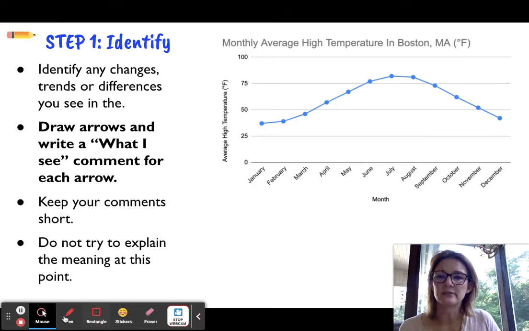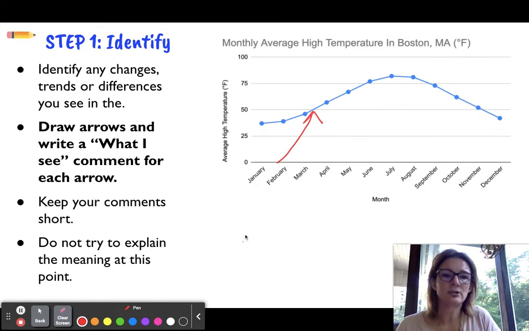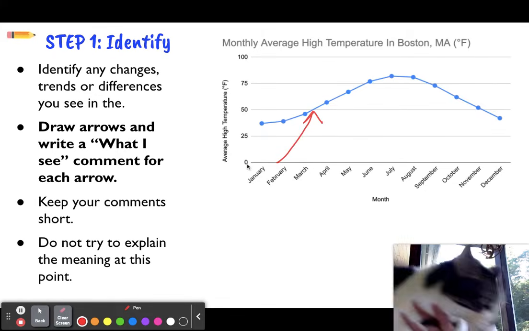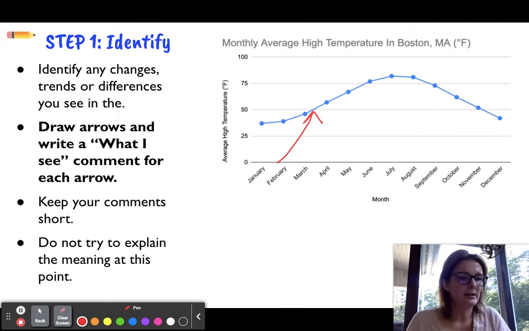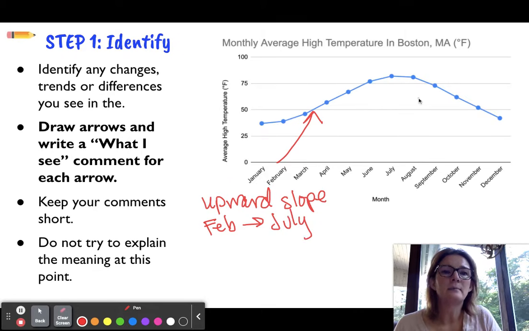Again, we're just identifying. So for example, on this graph, in this section I see an upward slope from about February through July. I see a peak in July.